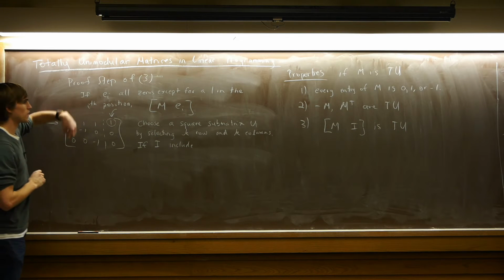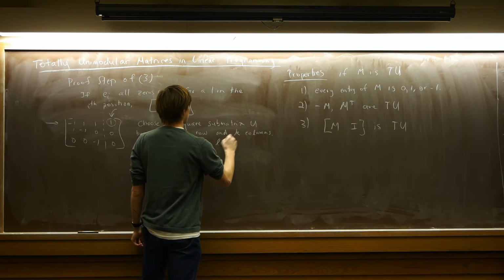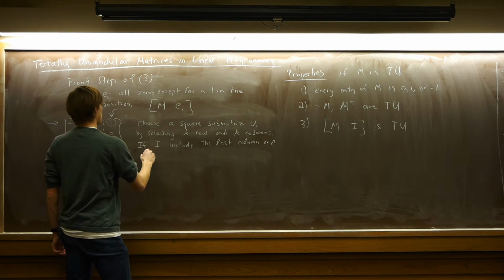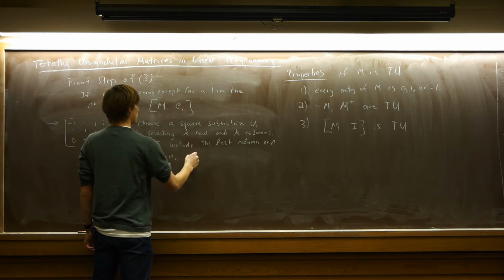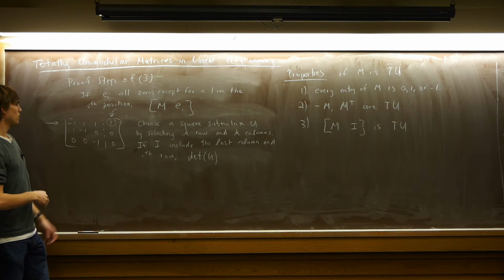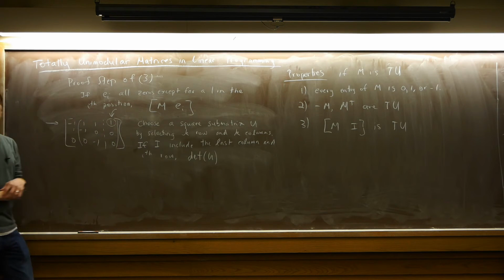So if when I choose my rows and columns, I include the last column and ith row, then the determinant of this thing that I end up with, well, for example, let's say I choose that submatrix right there, and so I'm trying to find the determinant of that 3 by 3 matrix right there. Well, we know how to take a determinant. I can choose one row or one column, and it's going to be an entry times a cofactor plus an entry times a cofactor.